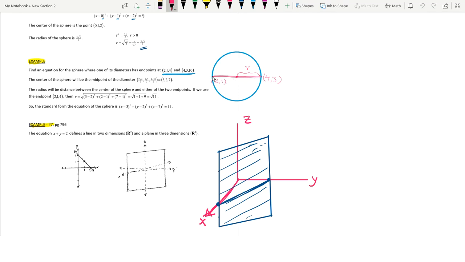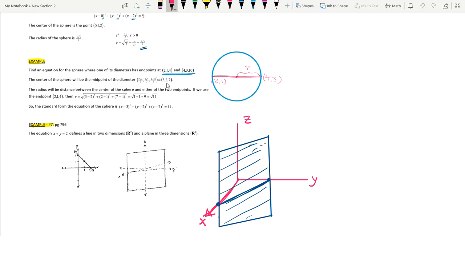Center would be the midpoint of this diameter. Similarly, for this sphere, the center would be the midpoint of these 2 points. So if you find the midpoint, you will get 3, 2, 7.